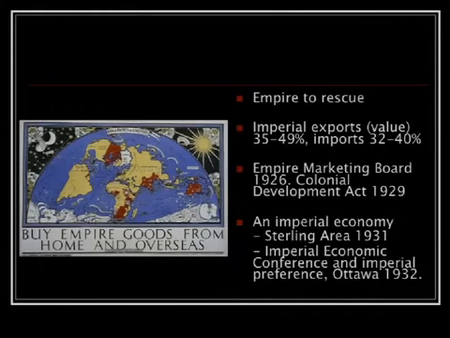Okay, now let's turn to the empire, because I've been talking about the economy's collapse onto itself, to this domestically orientated market, which would seem to fit in with my lecture last week about the return to the suburbs and to domestic life and to the countryside. But the empire, I'm going to suggest, remains central to the British economy.